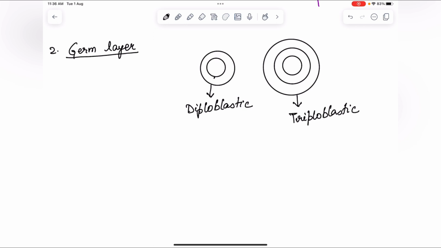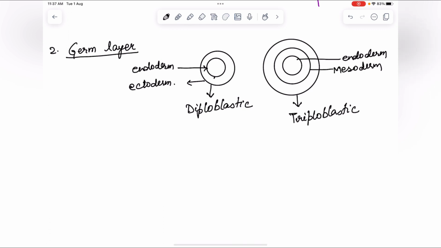In triploblastic, it is called endoderm, mesoderm, and ectoderm.